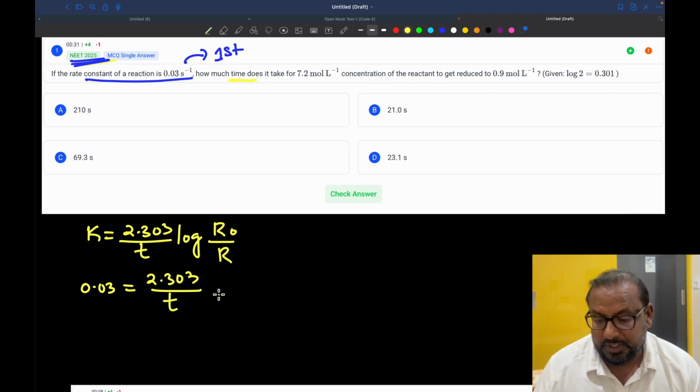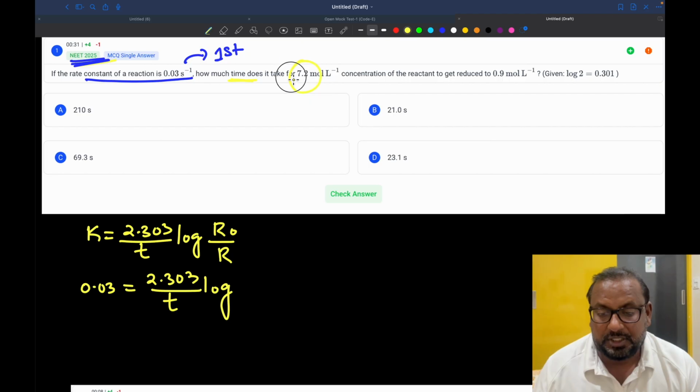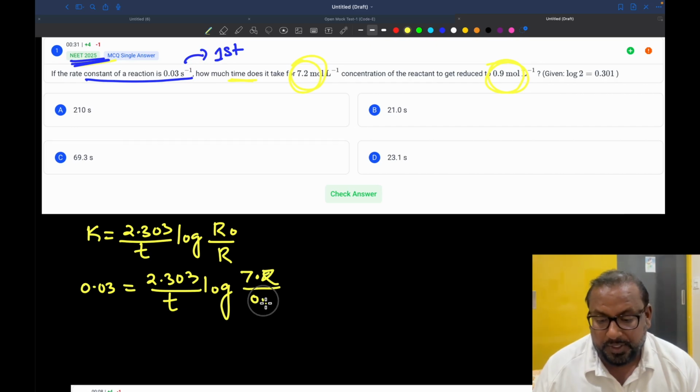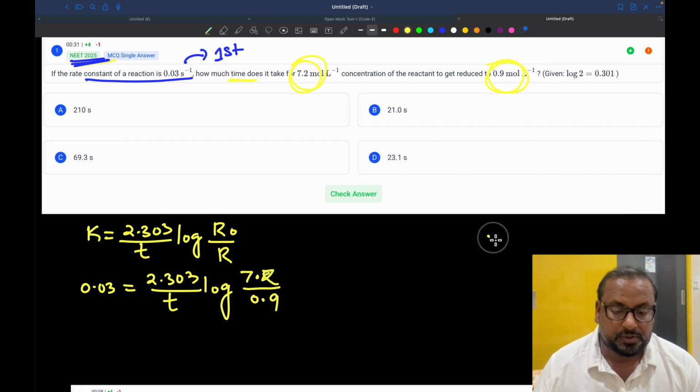So 0.03 equals 2.303 divided by time, times the logarithm of the initial concentration over the final concentration. That means 7.2 divided by 0.9, which is nothing but 72 by 9.